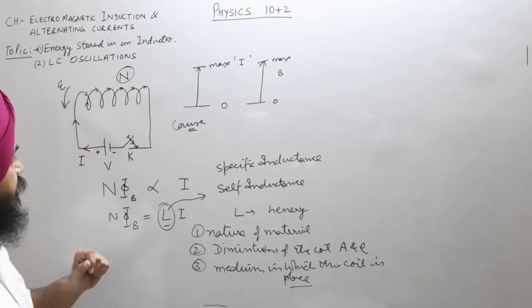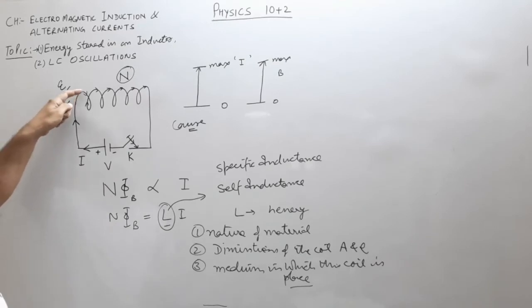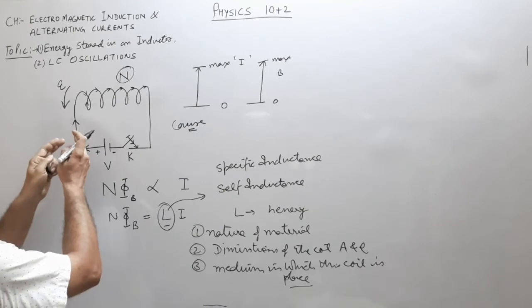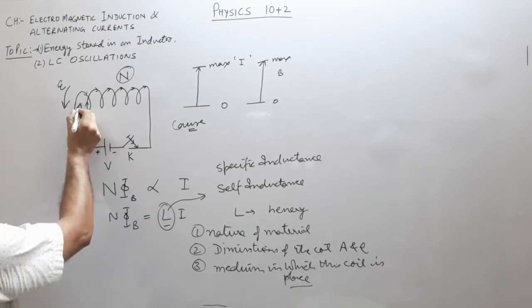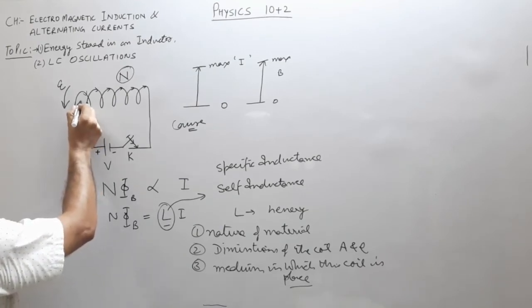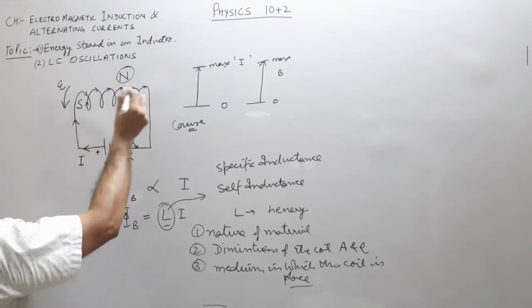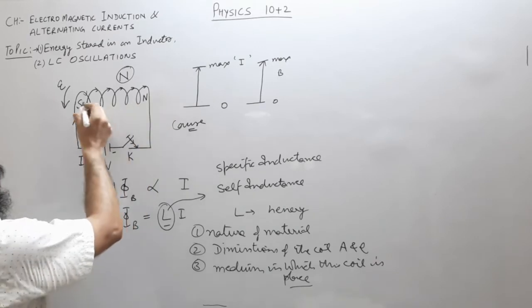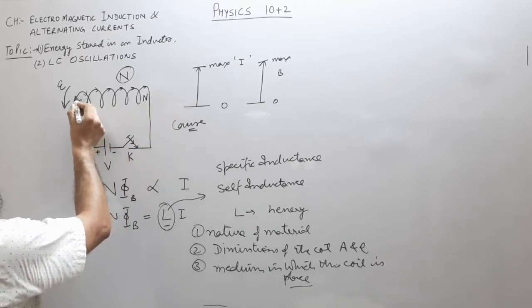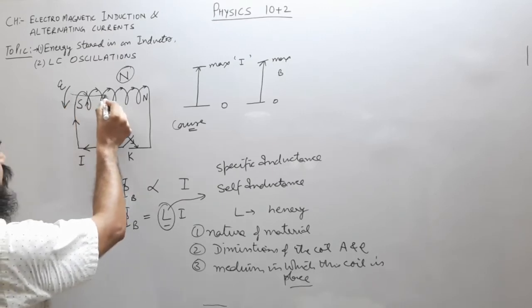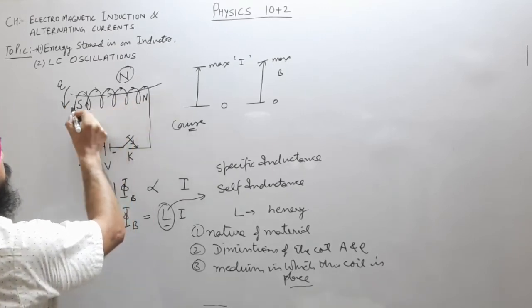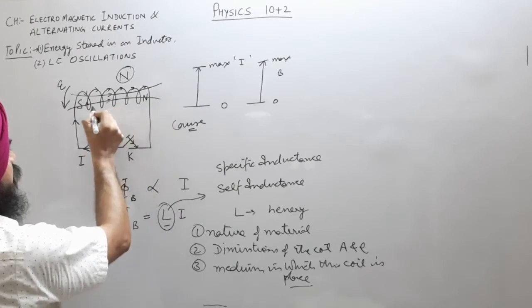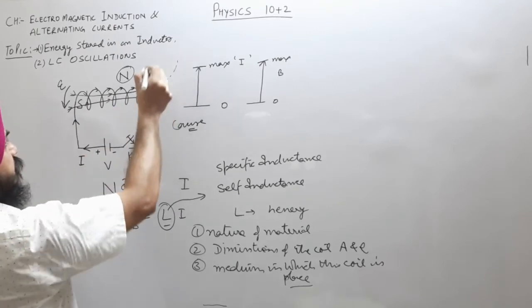As we were saying earlier, if this current flows in clockwise direction, so this side of the inductor will start becoming the south pole of the magnet, and this will become the north pole of the magnet. So the magnetic flux will be directed from left to right between the coils, coming out of the north pole like this.